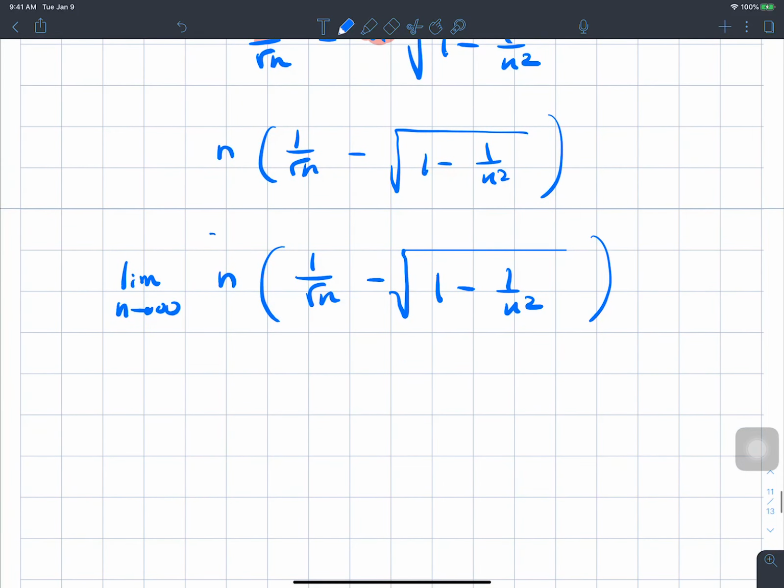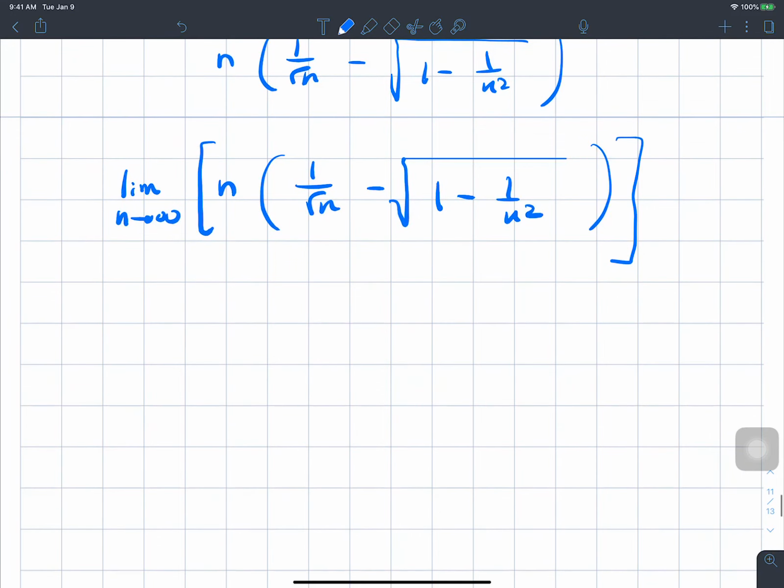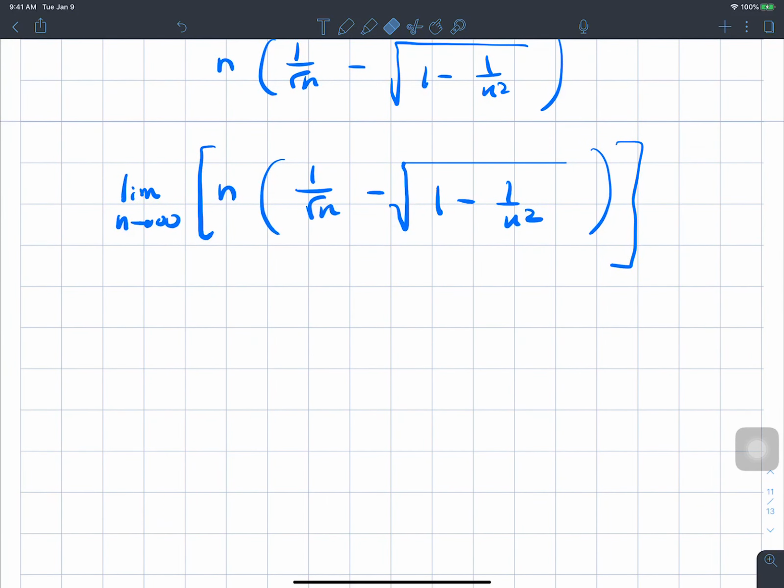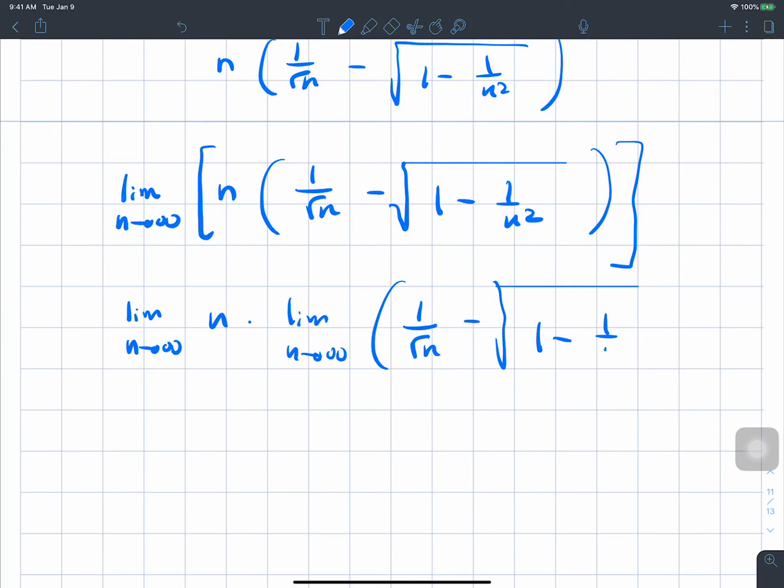We're going to see where this limit goes to. By properties of limits, the limit of a product is the product of limits. So n goes to infinity, n, limit as n goes to infinity of 1 over the square root of n minus square root of 1 minus 1 over n squared.